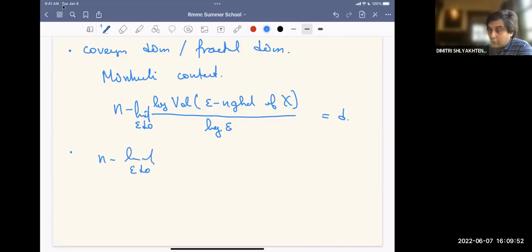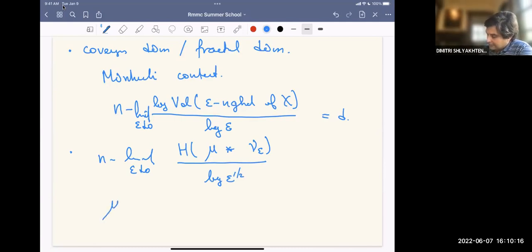And here, instead of this log volume of an epsilon neighborhood, you do the following thing. You look at the classical entropy, let's call it H, of mu convolved with, let me just call it, mu_epsilon, divided by log epsilon. Well, I'll take epsilon to the 1/2.